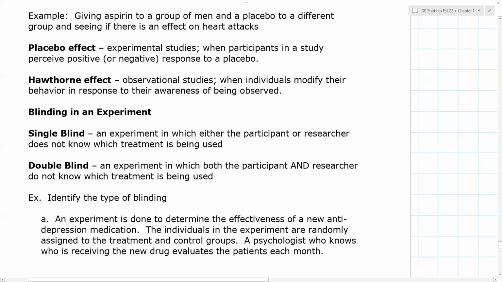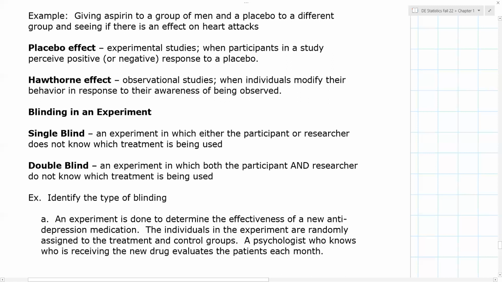Then you have the doctor that is interviewing them, talking to them, examining them, all of that stuff. That doctor also would not know if that patient is getting the new cancer drug or a placebo. And then one level above that doctor would be the research group.